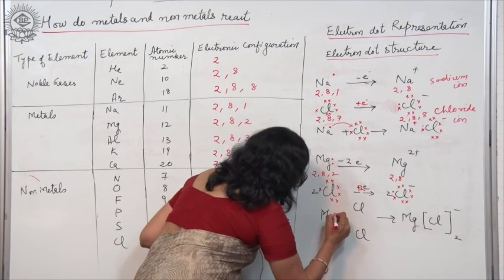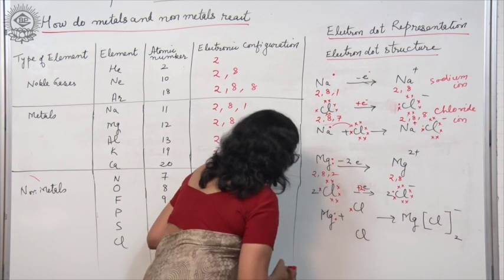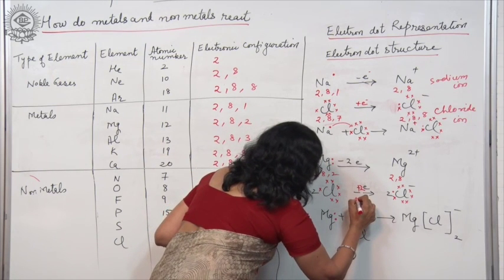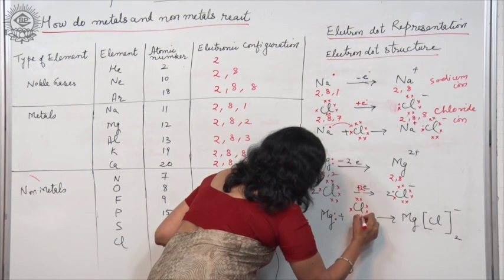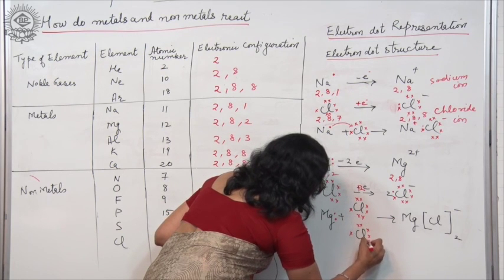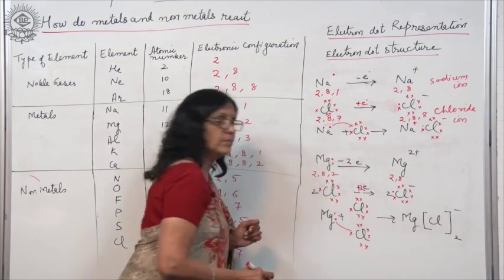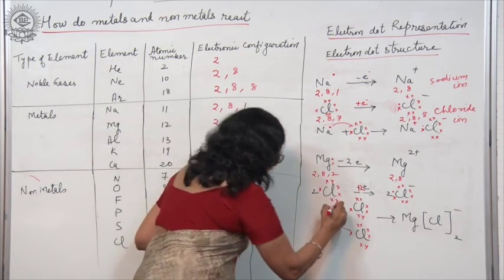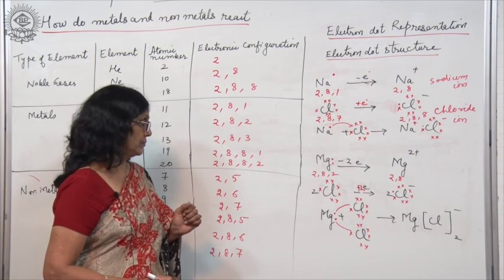Magnesium has 2 valency electrons, and a chlorine atom has 7 valency electrons. One electron is gained by one chlorine atom and the other electron is gained by the other chlorine atom.